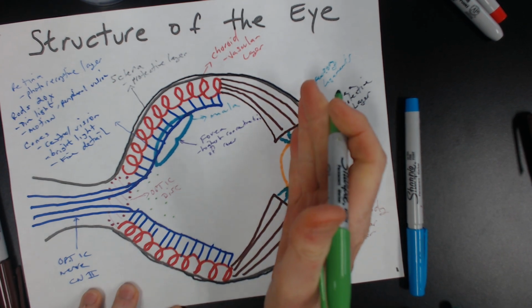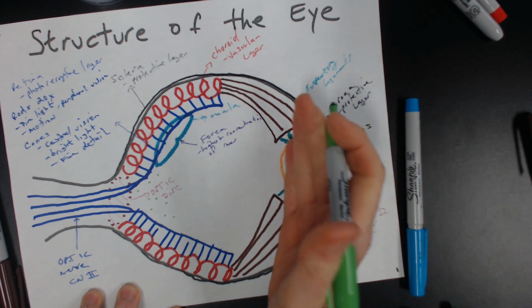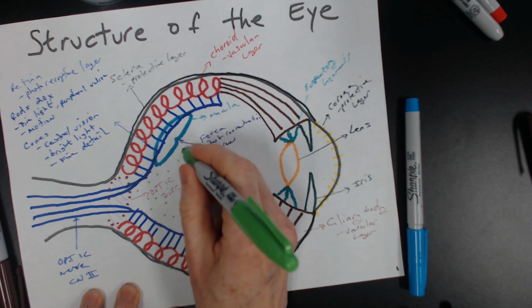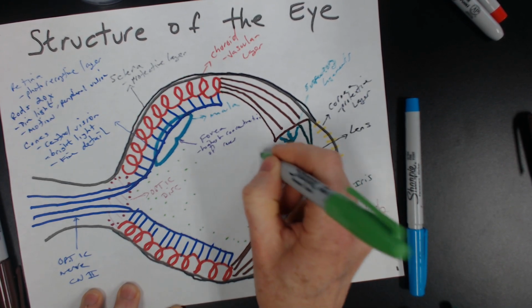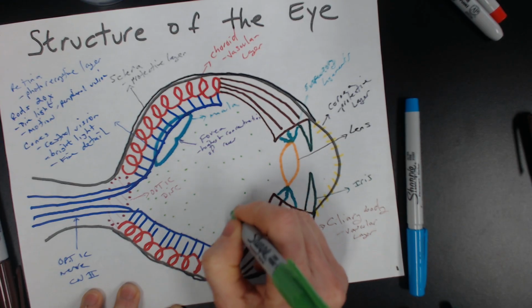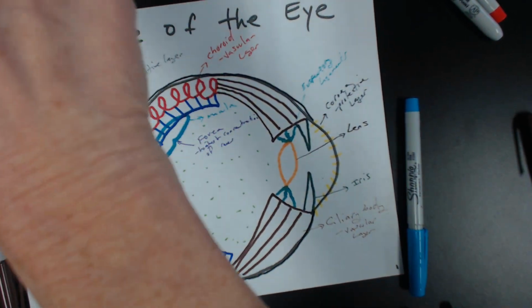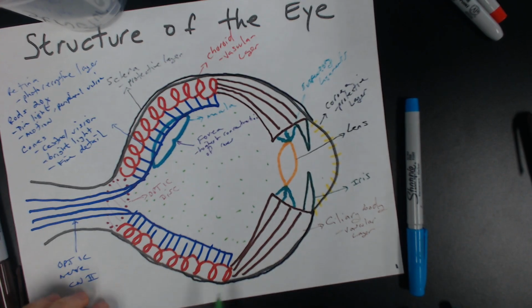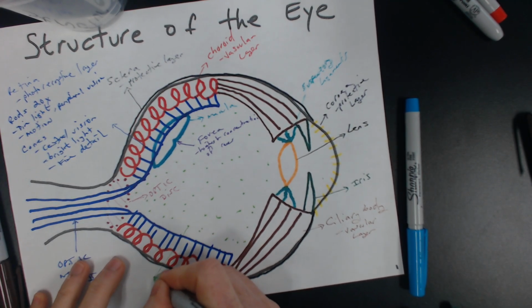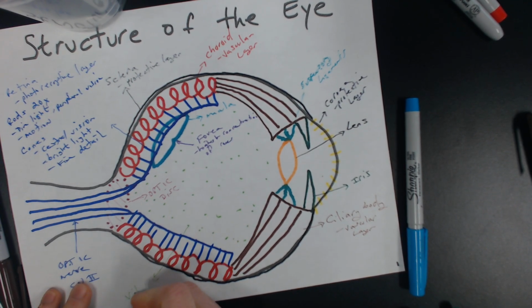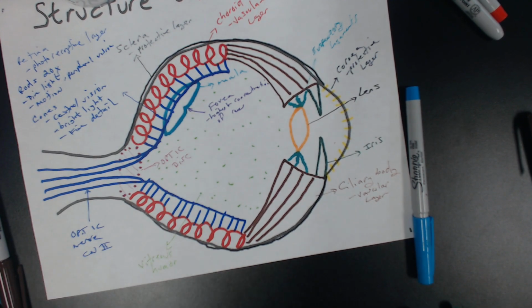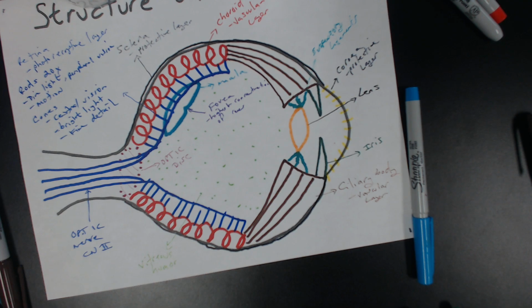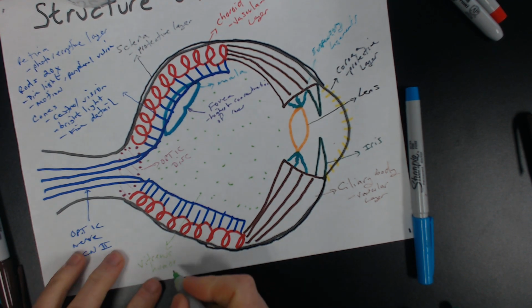So everything from the lens of the eye all the way back through the optic disc is filled with a gelatinous matrix called vitreous humor. Vitreous humor is nothing more than the gelatinous matrix that's present inside the eyeball.